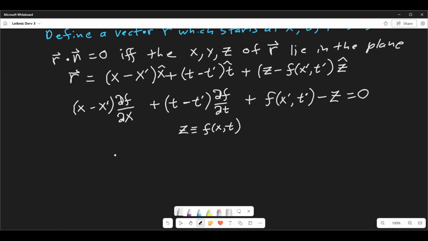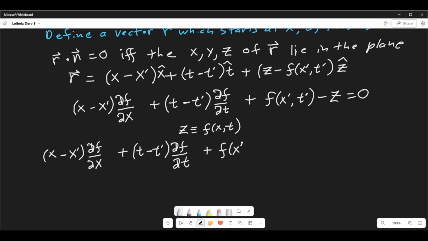So to find f of x comma t, basically take x minus x prime, change in f, change in x, plus t minus t prime, change in f, change in t, and then add the constant, which is f of x prime comma t prime, and have it equal z, which would be on the other side of the equation, except z is f of x at t, so this equals f of x at t.